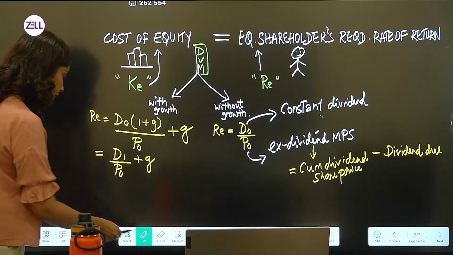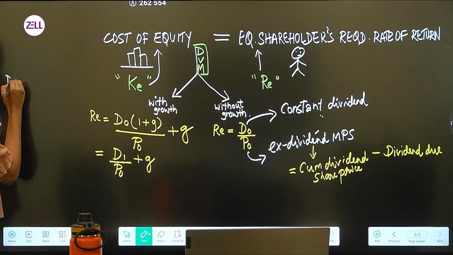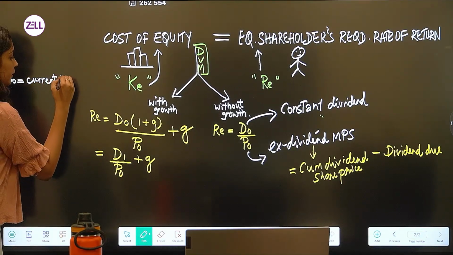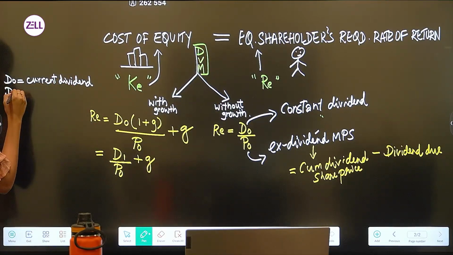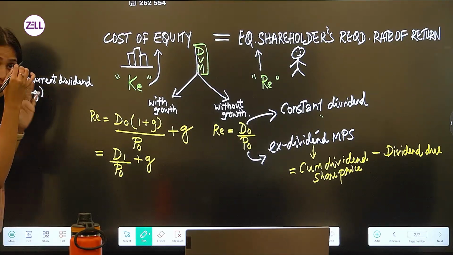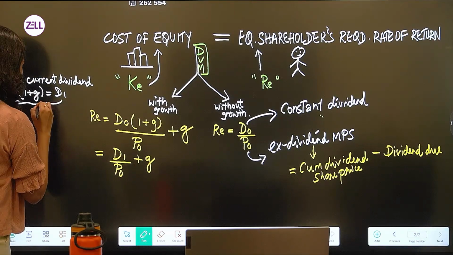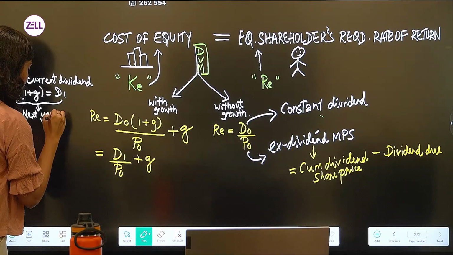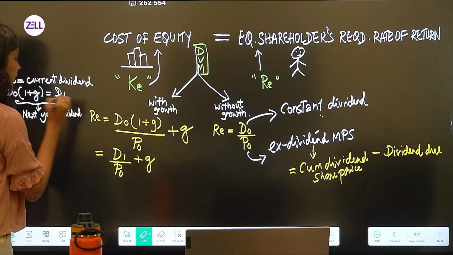Just keep in mind that when I write D0, it is current dividend that I am talking about. Alright. If I am writing D0 into 1 plus G, D0 into 1 plus G is nothing but D1, which is your next year dividend. Alright.